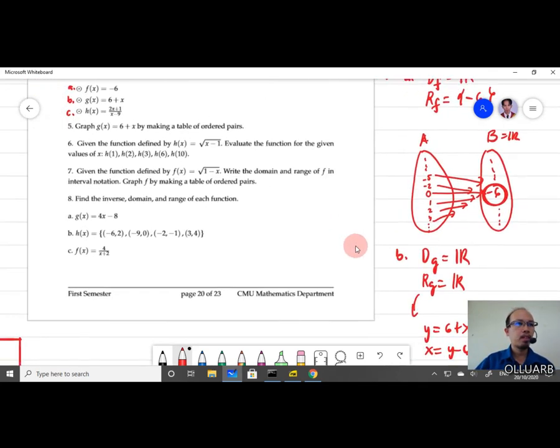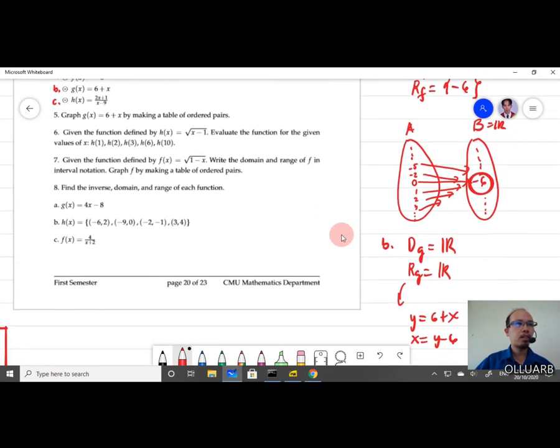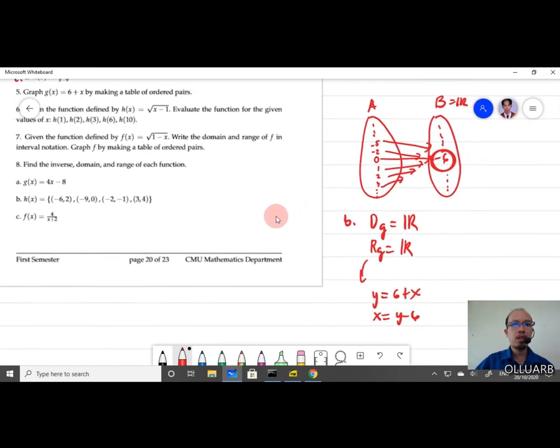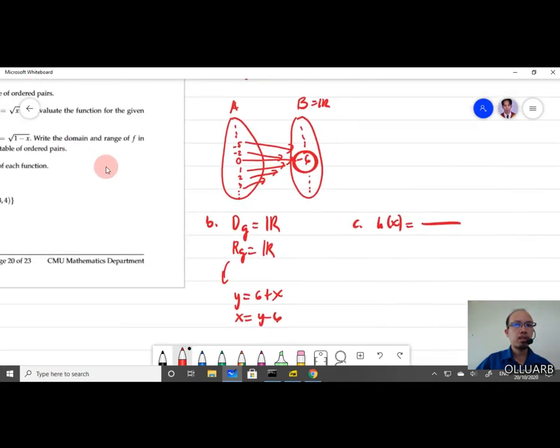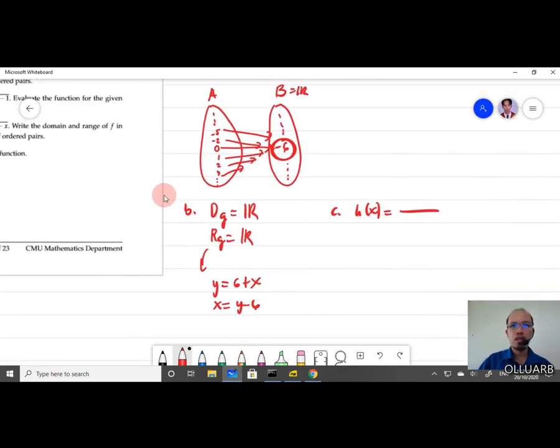Okay. So for letter C, we have h of x is equal to 2x plus 1 over x minus 9.